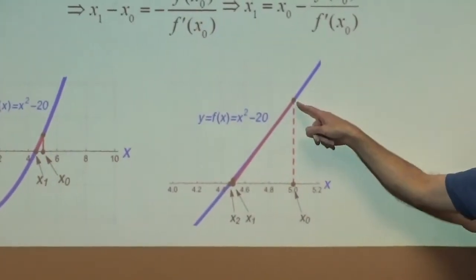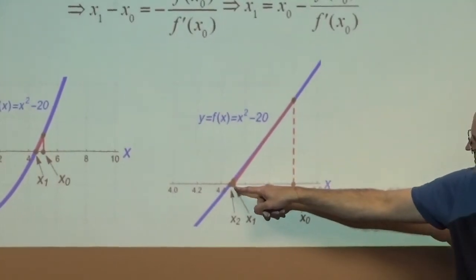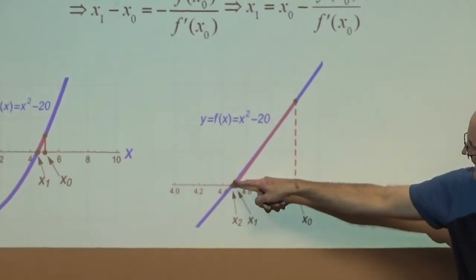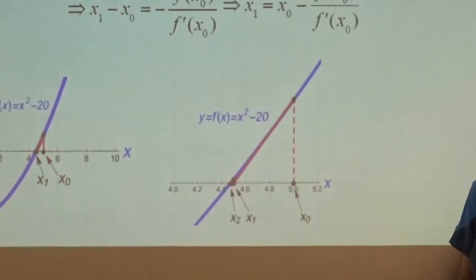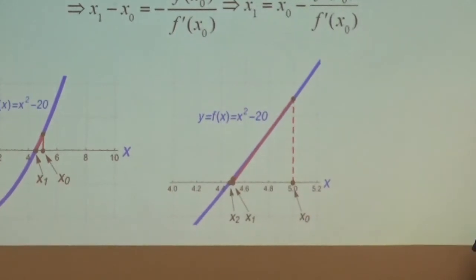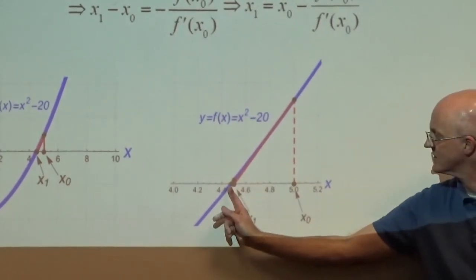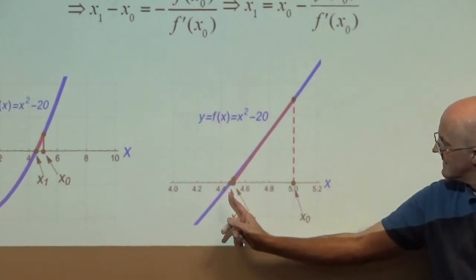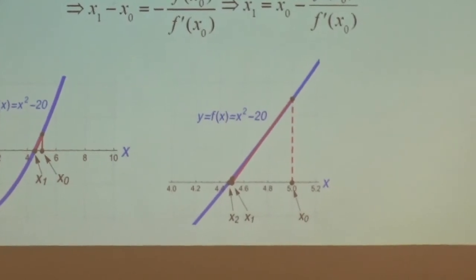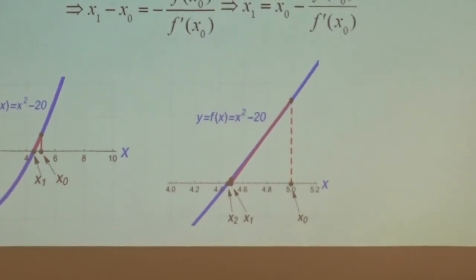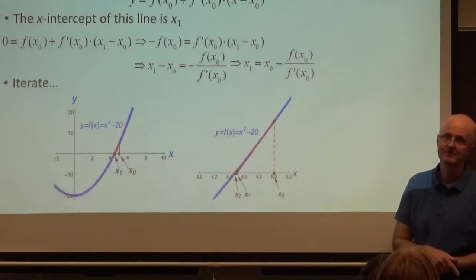Here's x0, go up to the graph, here's the tangent line. Its x-intercept is x1. Do it again, you can barely see another dot there. That second dot is x2. This dot right here is x2. Almost to the root, as far as we can tell. Looks like it's pretty much right on top of the blue curve and the x-axis. It's not exactly at the root, but pretty close.